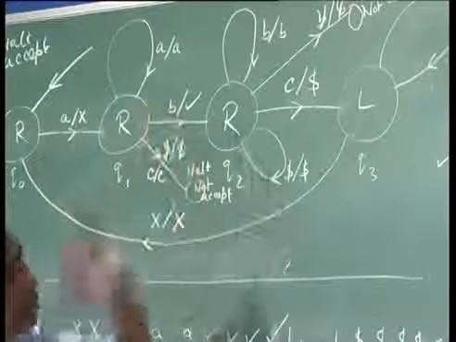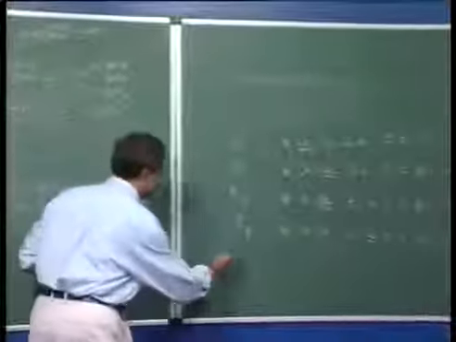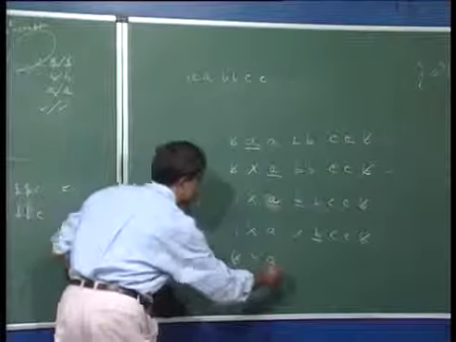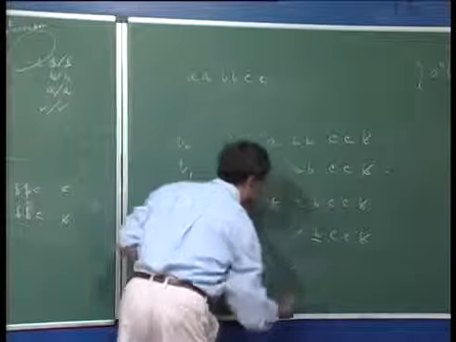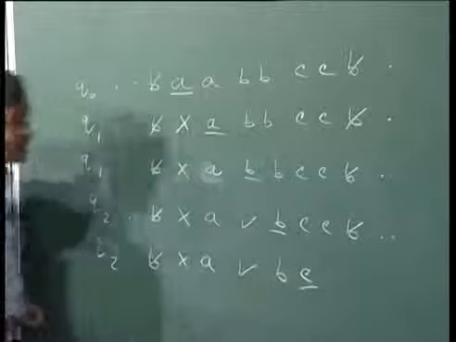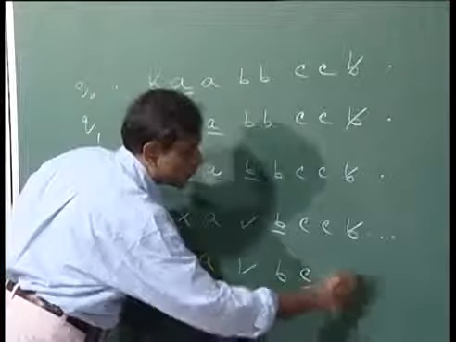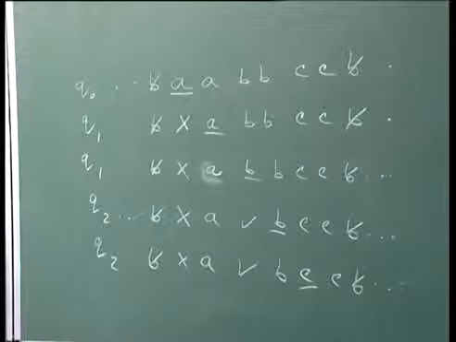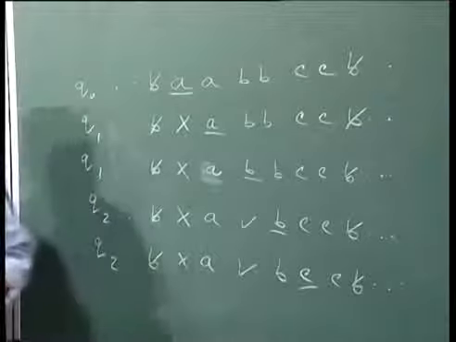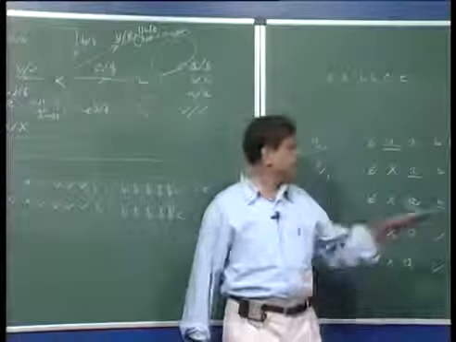So, without changing the symbol, it will move one cell to the right. Therefore, the machine will be in state q2 scanning the symbol C, and this goes on.